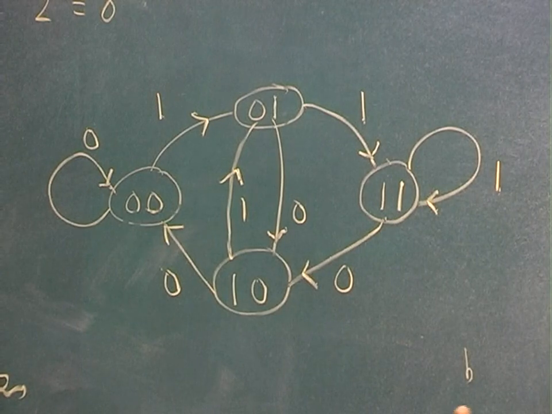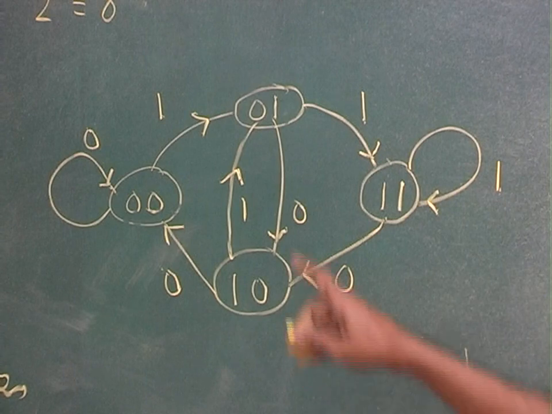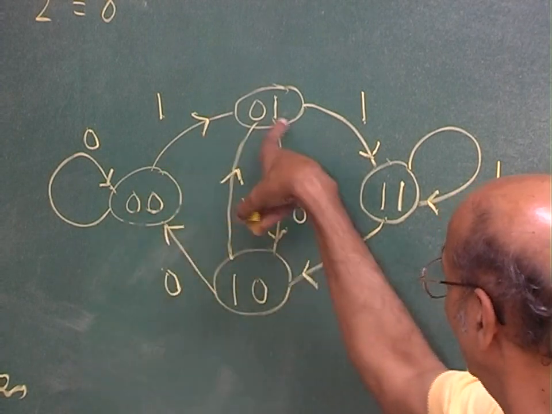This graph has the property that for every vertex, there are exactly 2 edges going out of that vertex. On every edge, there is a direction, and I have written a number, either 0 or 1. So it tells you that using 1 from this vertex, you move to that vertex.